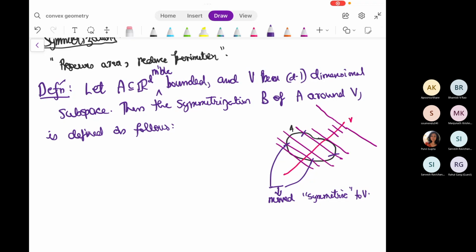So if A is a measurable bounded set and V is any d-1 dimensional subspace, then how do you create the symmetrization?